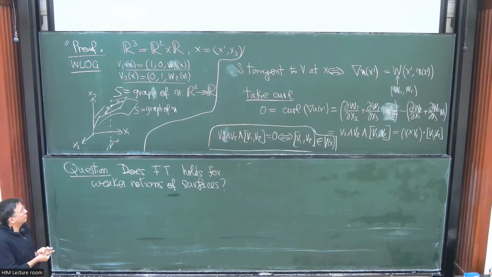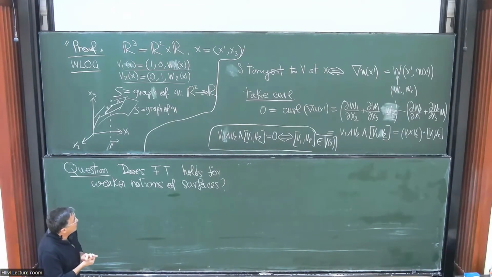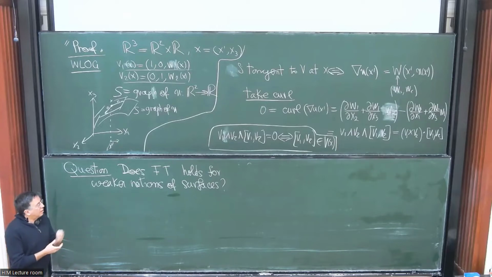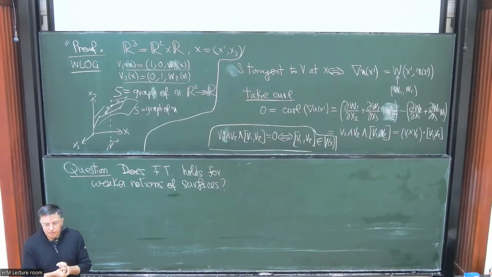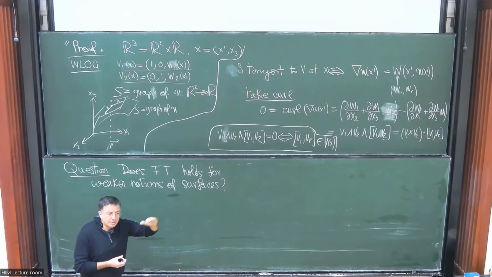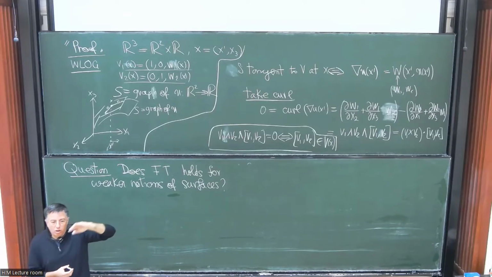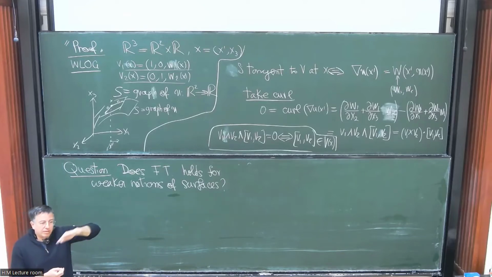The original motivation for this was the following question in geometric measure theory. If you have a two-dimensional current in R3, which is of nice type, let's say a normal current, can you foliate it? That is, write it as a superposition of rectifiable currents.